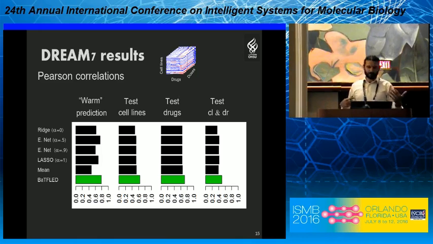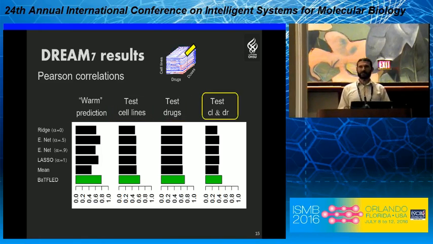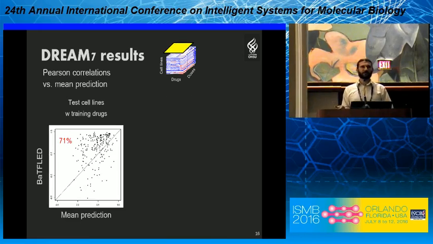If I want to drill down a little bit more, in these types of problems people are generally interested in how you are doing on individual drugs. Some drugs are going to be easier to predict than others. So if I look at the prediction on a per drug basis for a new test cell line, this is a head-to-head comparison with the mean prediction, which, if you remember from the previous slide, was about on par with all the elastic net models.